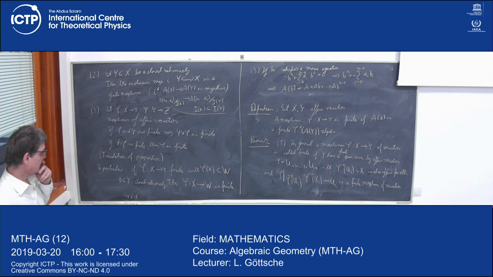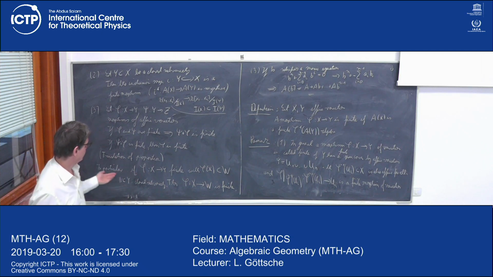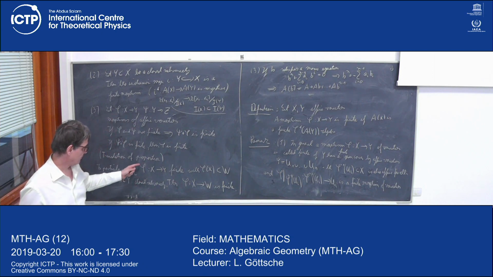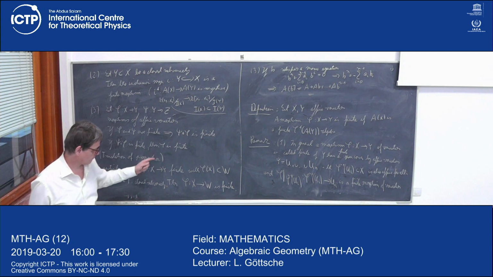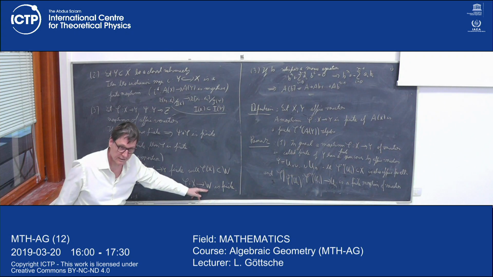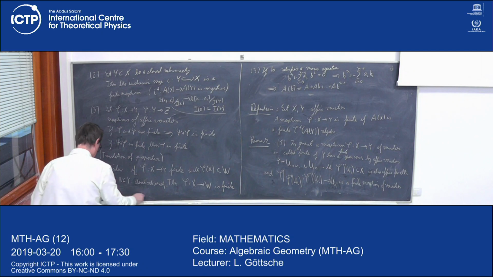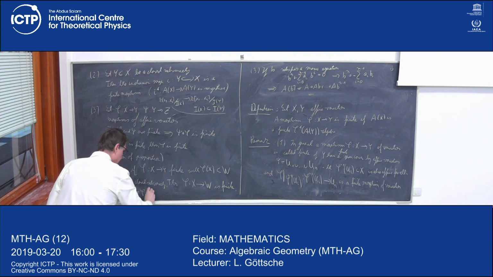And now this statement is the second part, because we can view this map phi from X to Y as a composition: the map phi from X to W, composed with the inclusion of W into Y. It goes the other way round, but anyway.